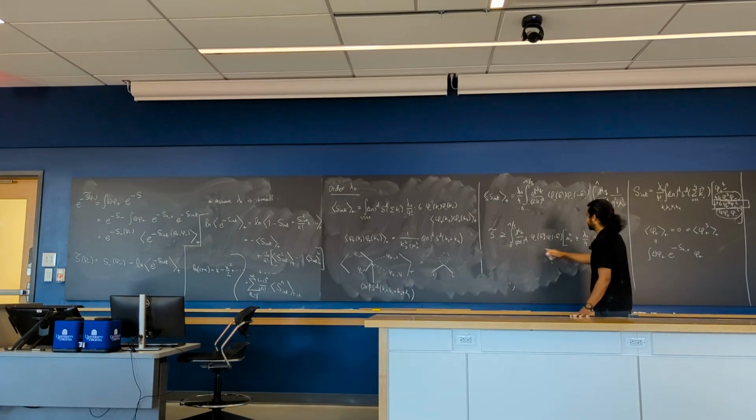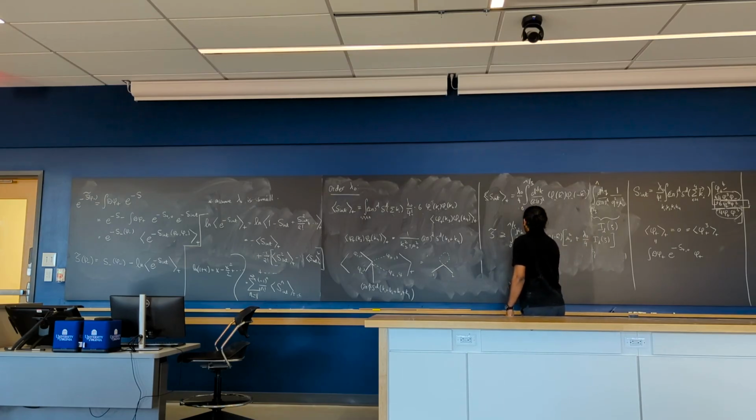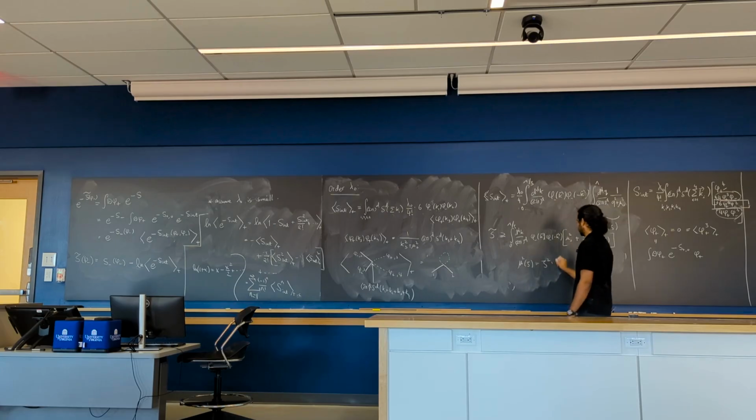Just rescale the k. So we'll end up with mu square zeta, same as before, but mu 0 square plus lambda 0 by 4 times some integral of zeta.